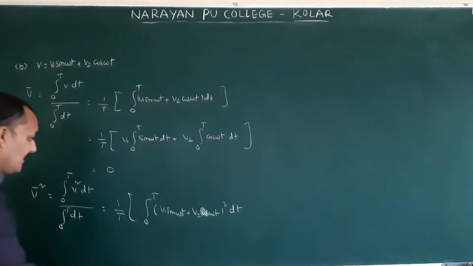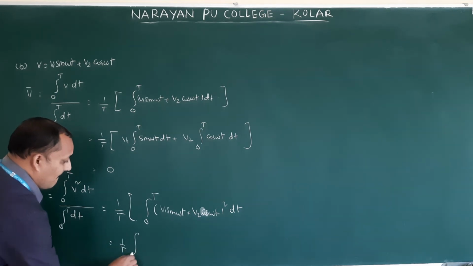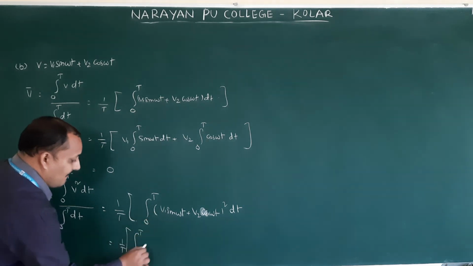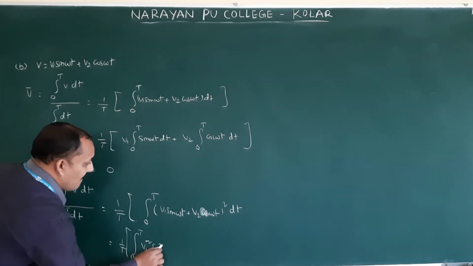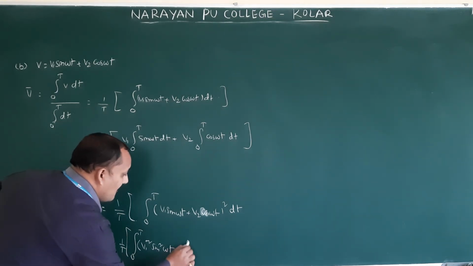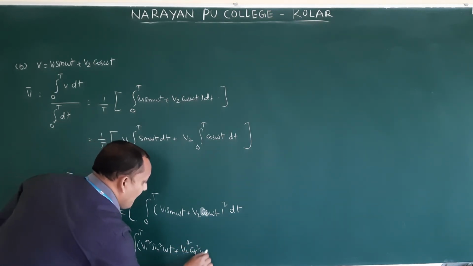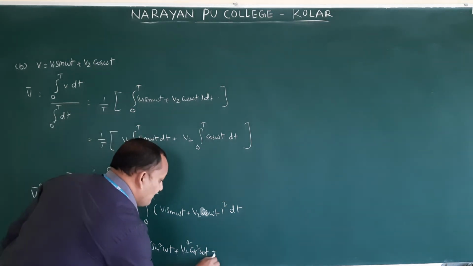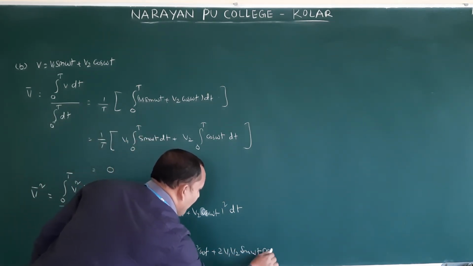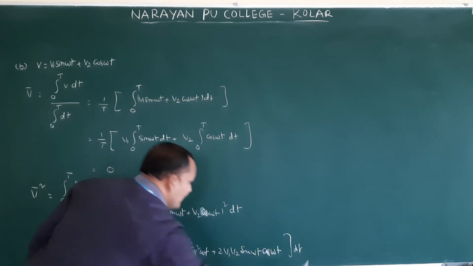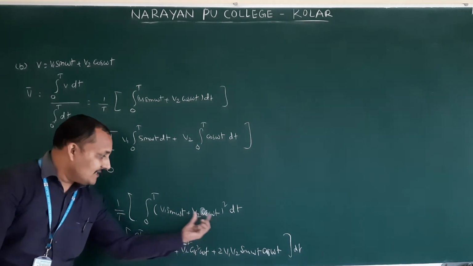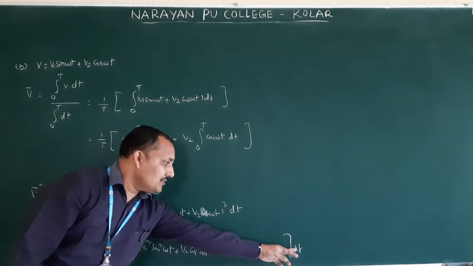It is in the a plus b whole square form: 1 by t integral 0 to t of V1 square sin square omega t plus V2 square cos square omega t plus 2 V1 V2 sin omega t cos omega t, that is a square plus b square plus 2ab, into dt.